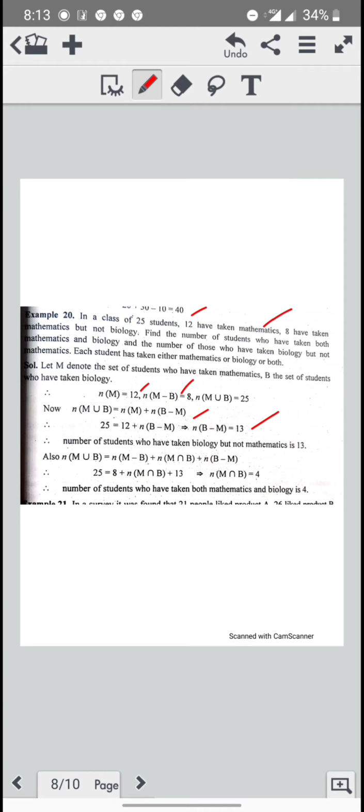Next, the number of students who have taken biology but not mathematics is 13. Also n(m union b) is equal to n(m minus b) plus n(m intersection b) plus n(b minus m). Put the corresponding values, solve, you get n(m intersection b) is equal to 4.